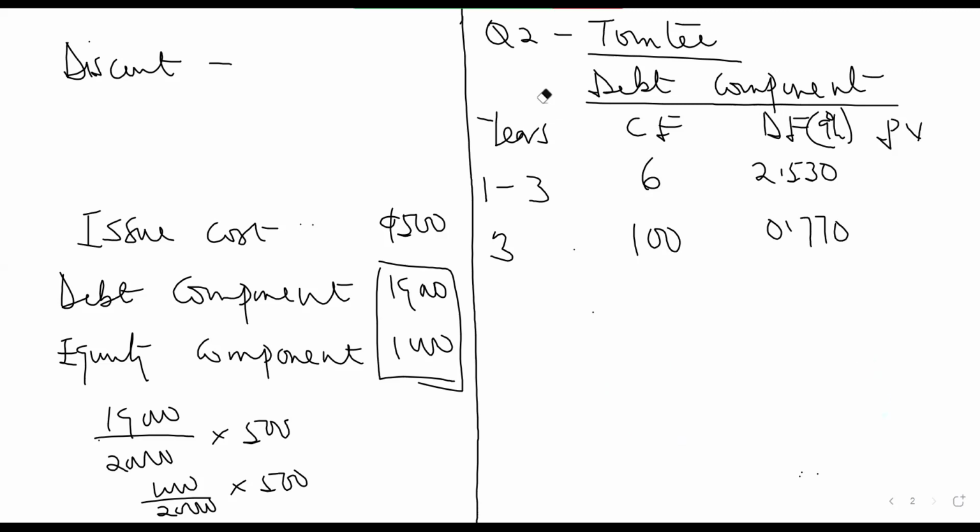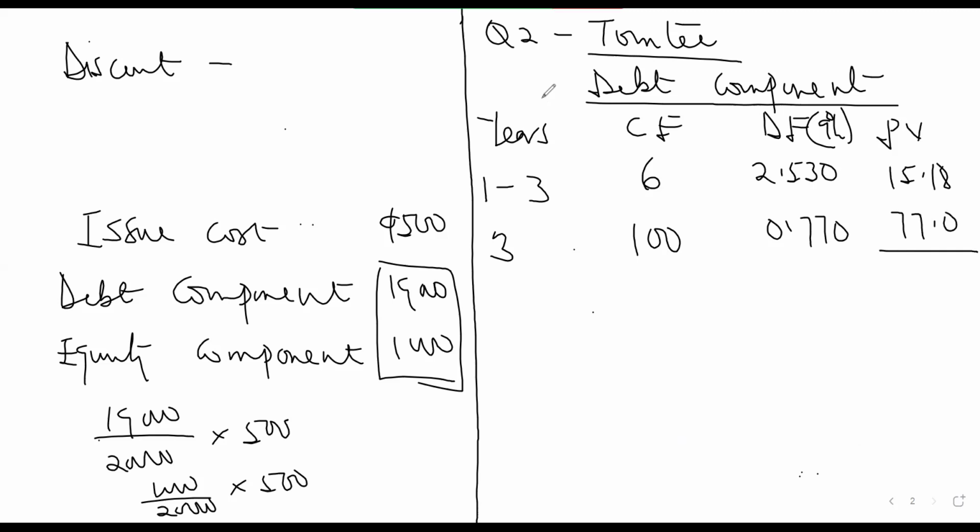All right. So what will be the present value for them? 15.18 for the first one, and this will be 77.